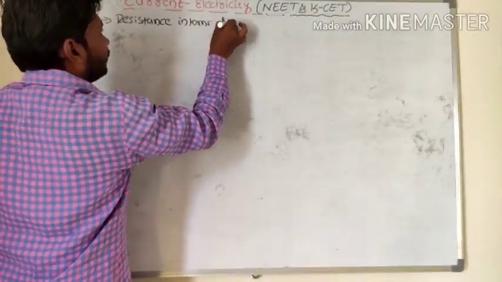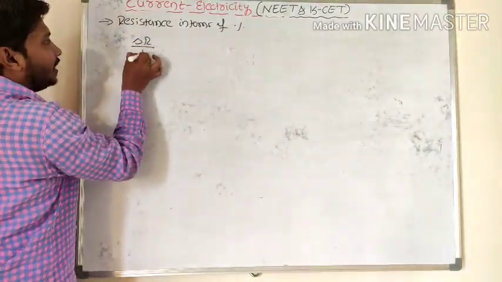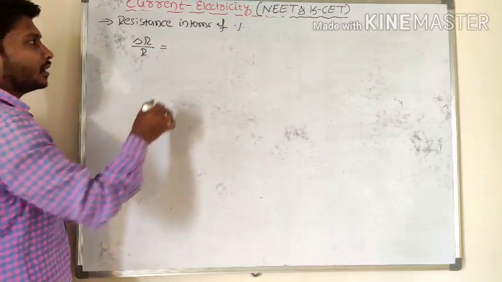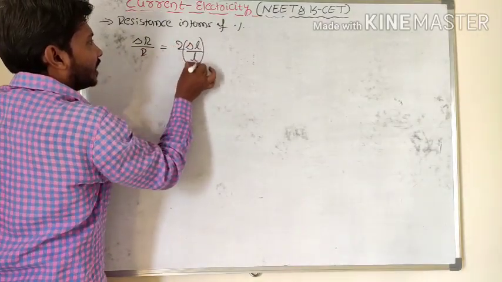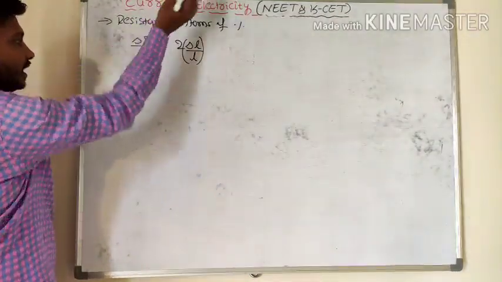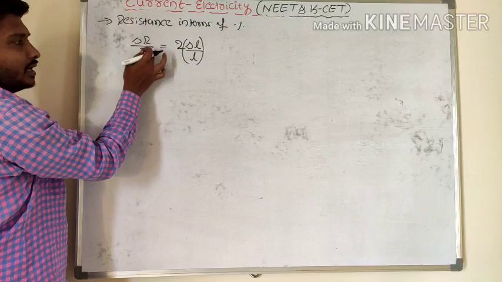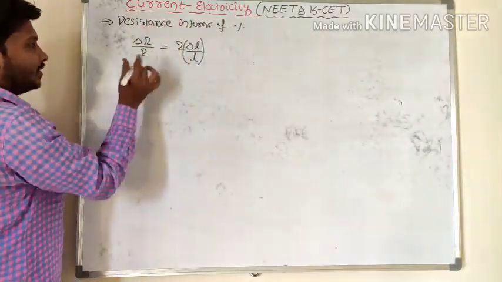Delta R by R is equal to 2 times delta L by L. Delta R means R2 minus R1 divided by R1. Delta L means L2 minus L1 divided by L1.